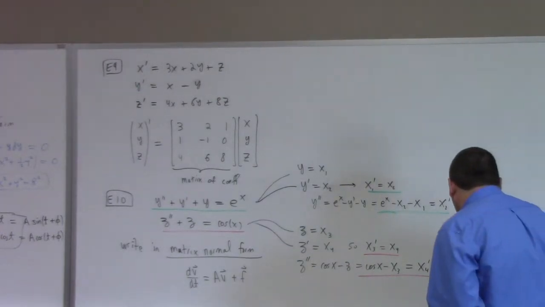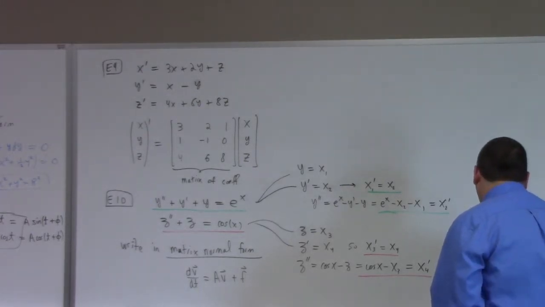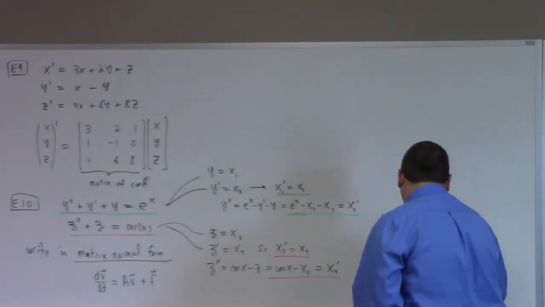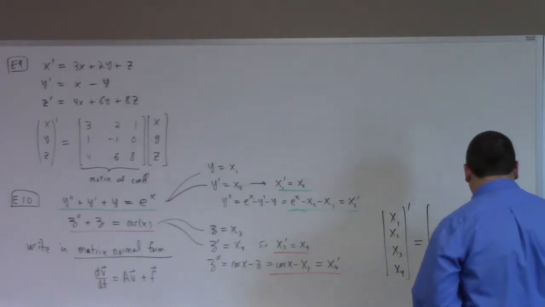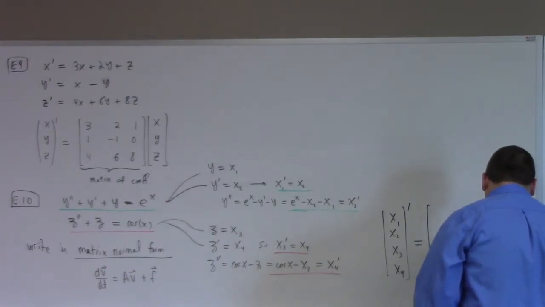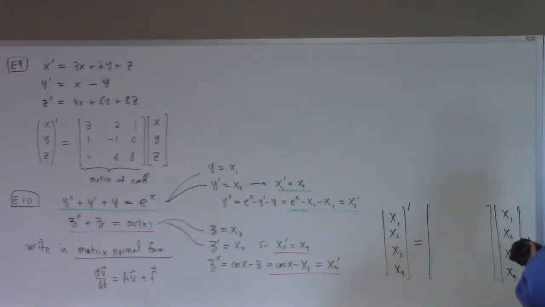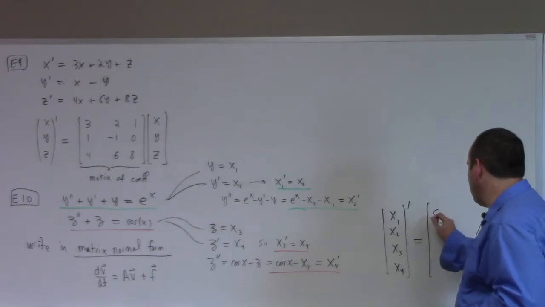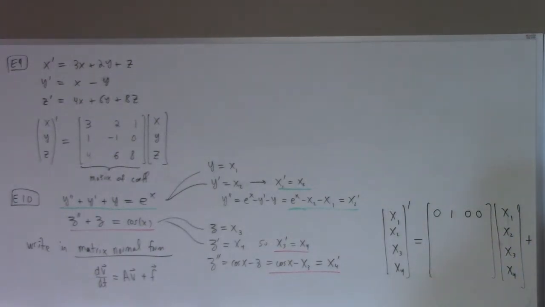Altogether, we can write x1, x2, x3, x4 prime. I'll do the first row. The first row is going to be 0, 1, 0, 0, and a 0 over here as well.